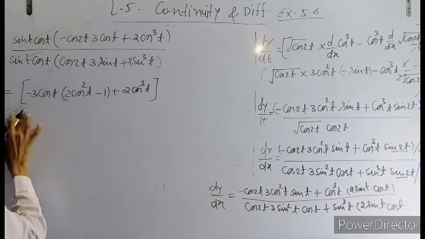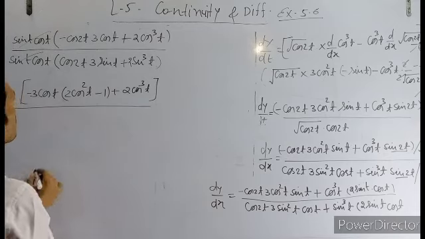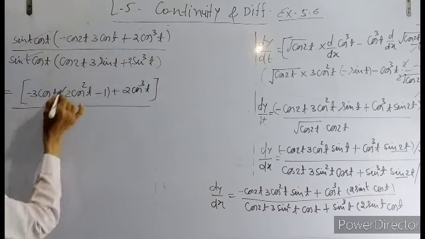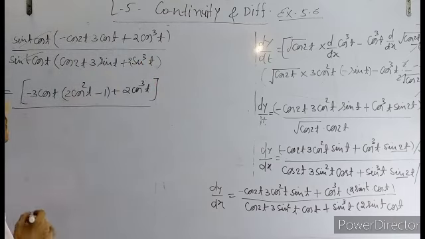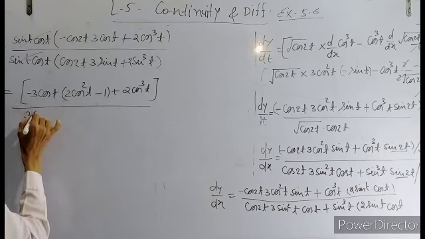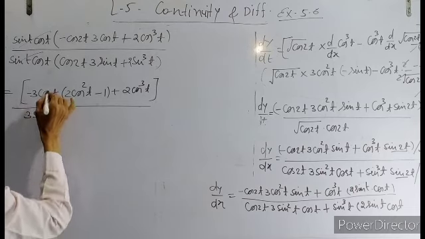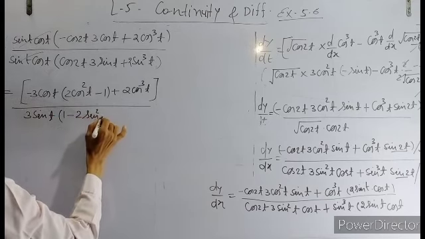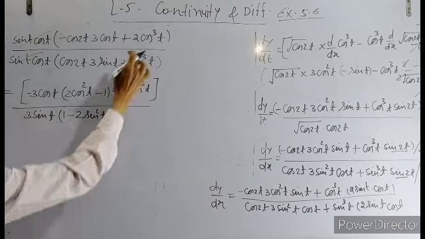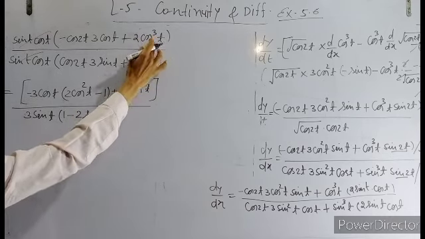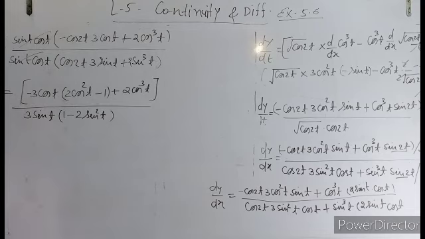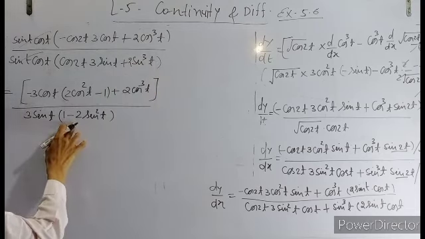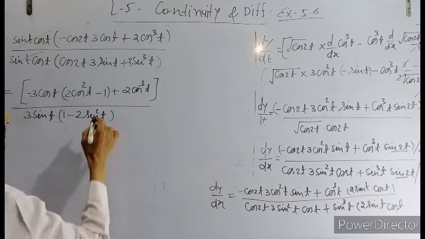Similarly, in the denominator also, cos 2t in terms of sine: 3 sin t in bracket, cos 2t is 1 minus 2 sin square t. Why do we write it differently? Here is cos, so that we can reduce or cancel out. Here is sin, so according to this we write this entry, so that we can reduce or cancel out.